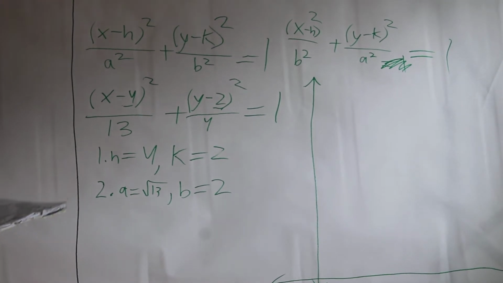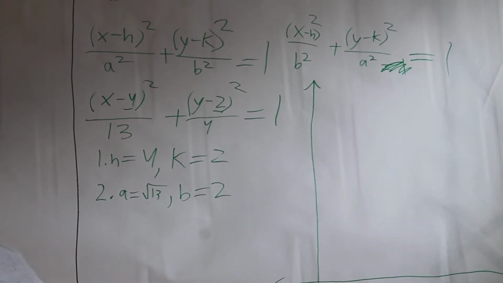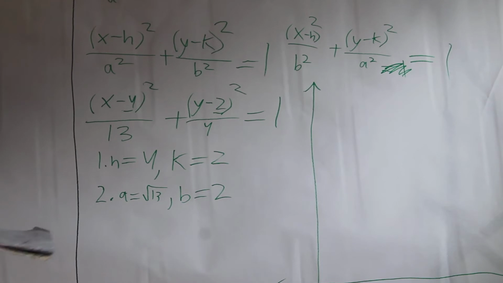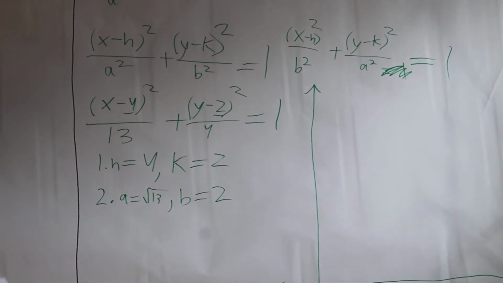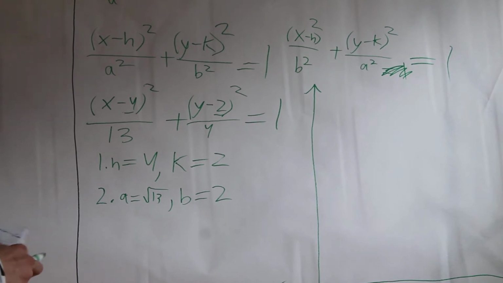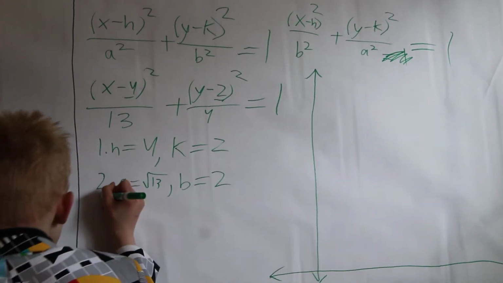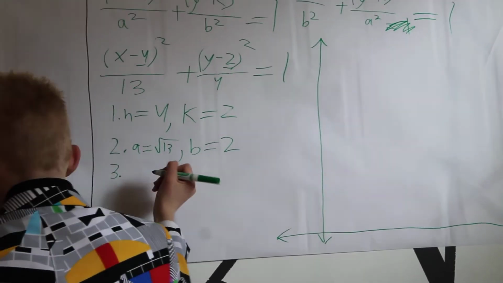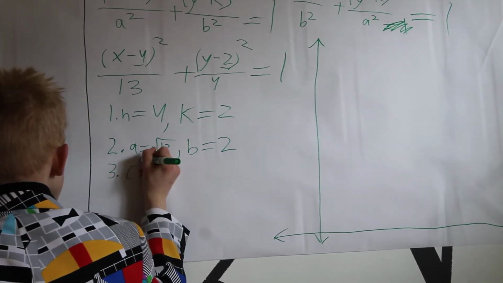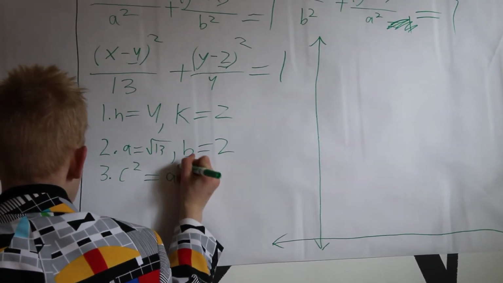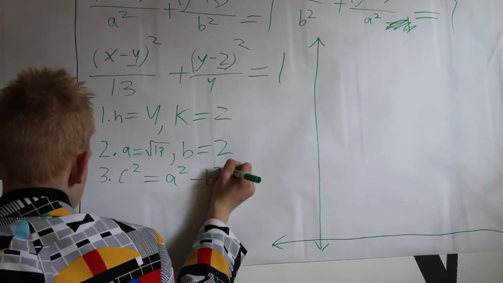The next thing that's important is we also want to find our c. Our c is pretty much the distance from your center point to the foci. So let's get that real quick. If you remember, the formula to get your foci is c squared equals a squared minus b squared.